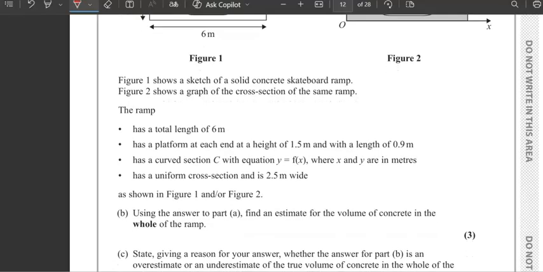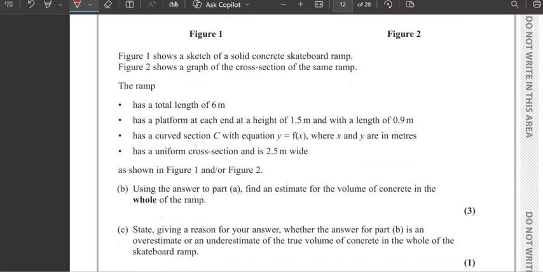So part B, using the answer to part A, find an estimate for the volume of concrete in the whole of the ramp. Then part C, state, giving a reason for your answer, whether the answer for part B is an overestimate or an underestimate of the true volume of concrete in the whole of the skateboard ramp.